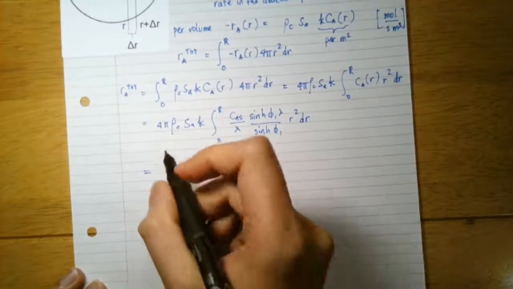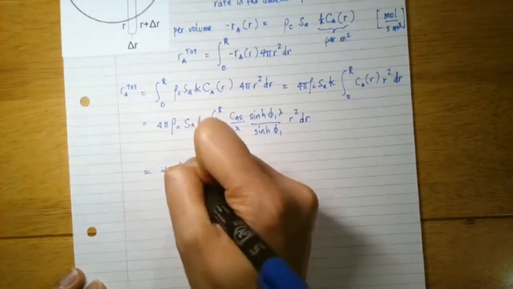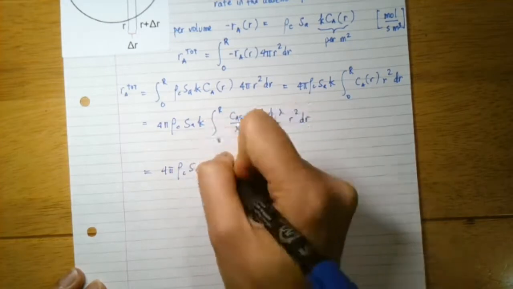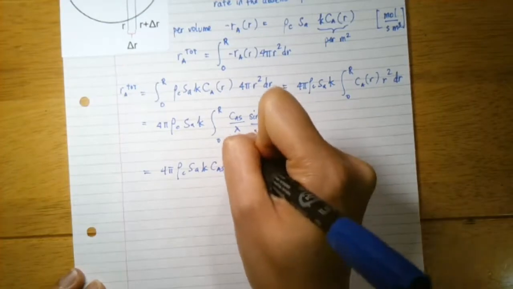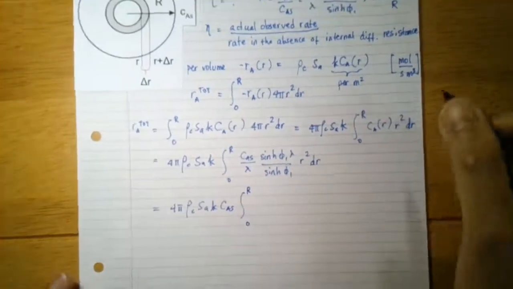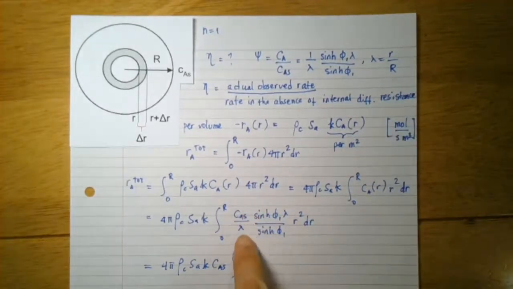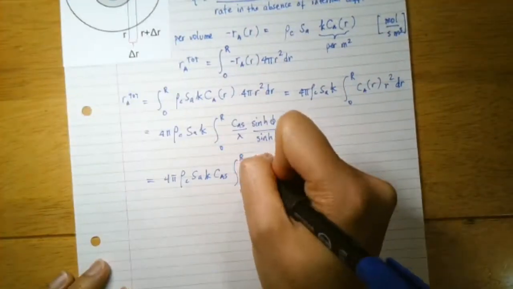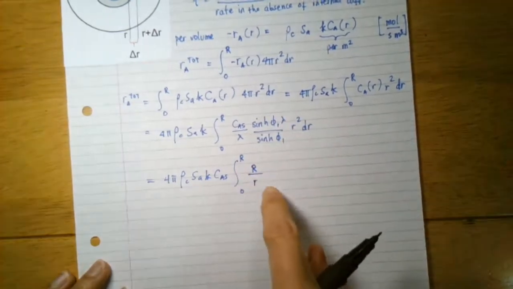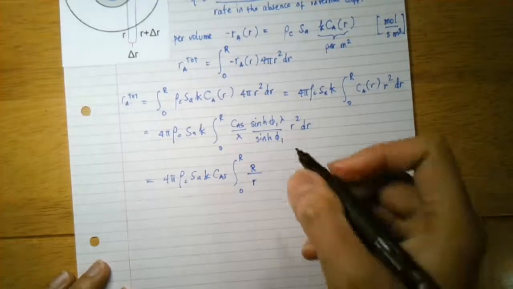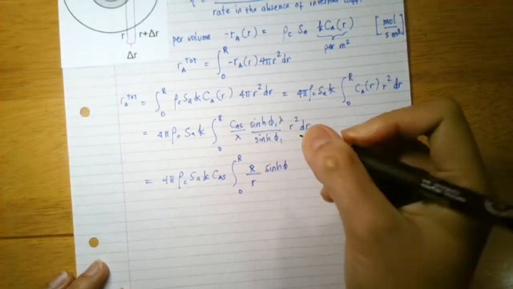So we have 4 pi rho C, SA, K, with Cas outside, and then the integral from 0 to R. Lambda is equal to r over R, so we have 1 over lambda, which we can write as capital R over r. Then just write down the rest of the expression.